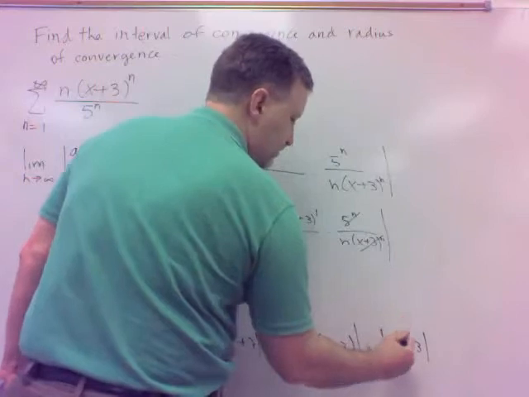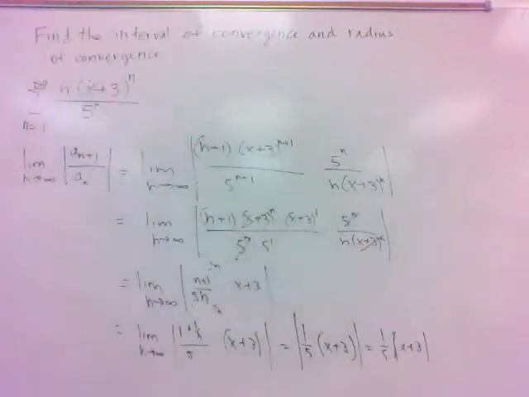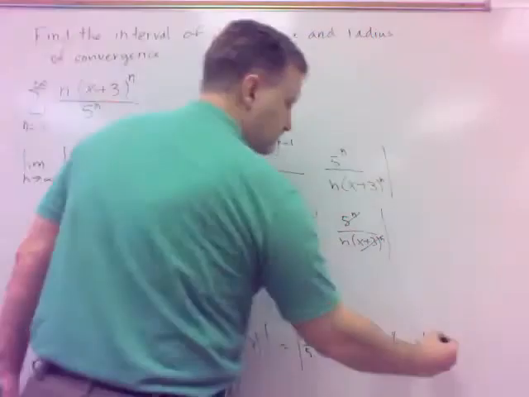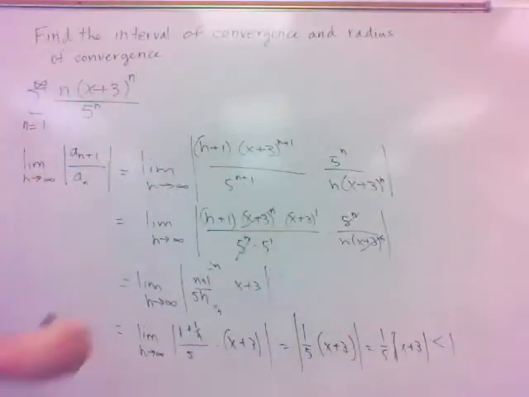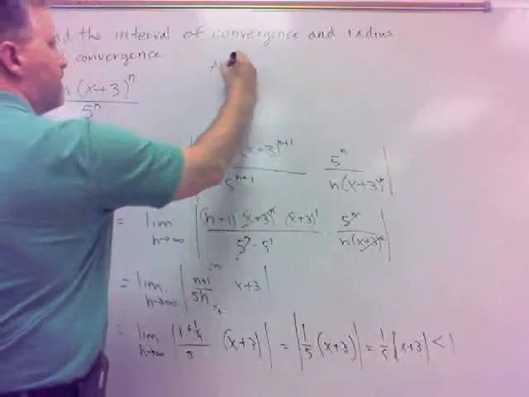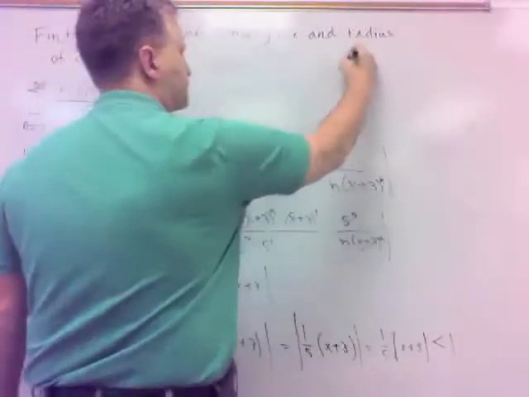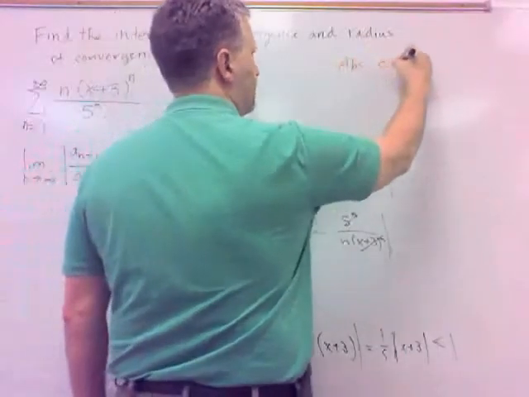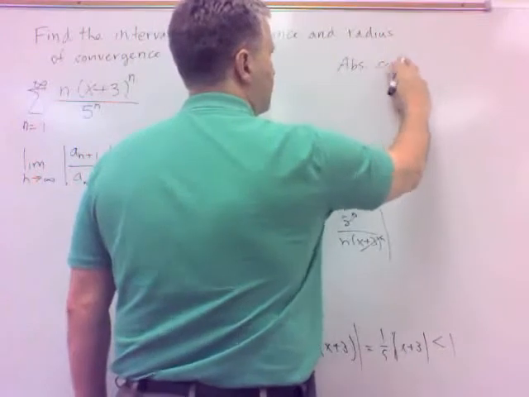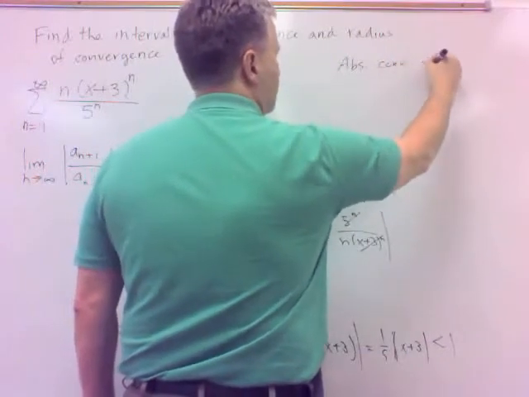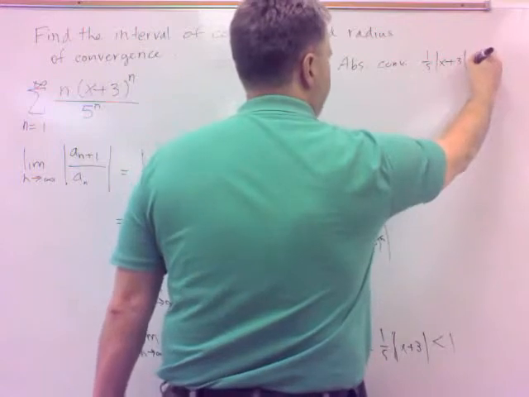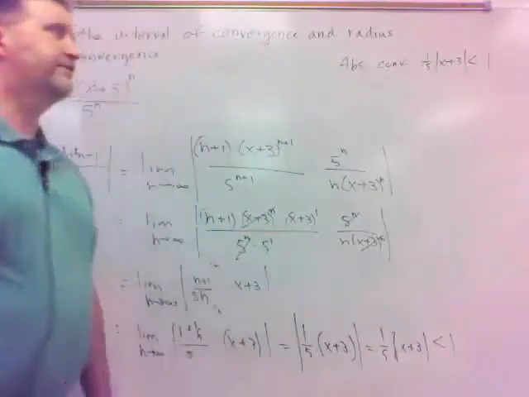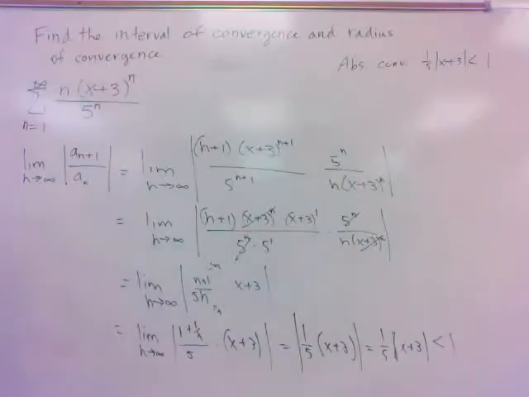All right, and so the ratio test says, hey, that's absolutely convergent if it's less than 1. If 1/5 x plus 3 absolute value is less than 1, ratio test tells me that's definitely absolutely convergent.